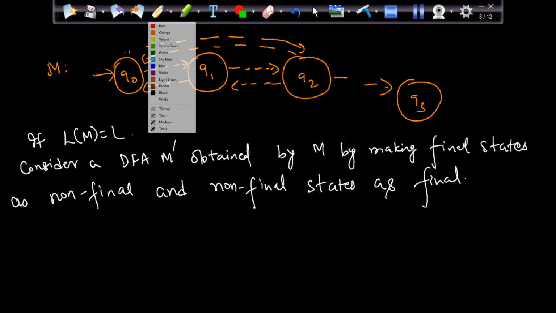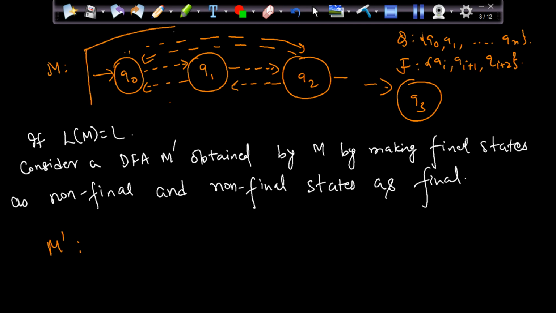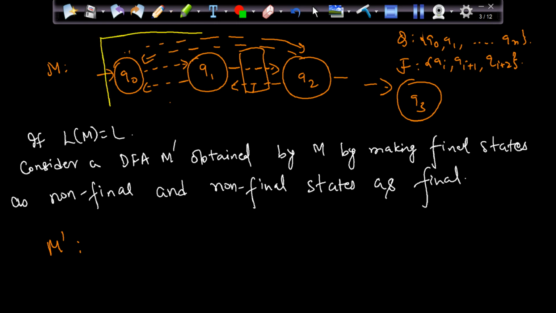So if M has the set of states Q0, Q1, so on, Qn, and the final states Qi, Qi plus 1 and Qi plus 2, then for M dash, the transitions are the same. This whole thing is the same. You use the same DFA.